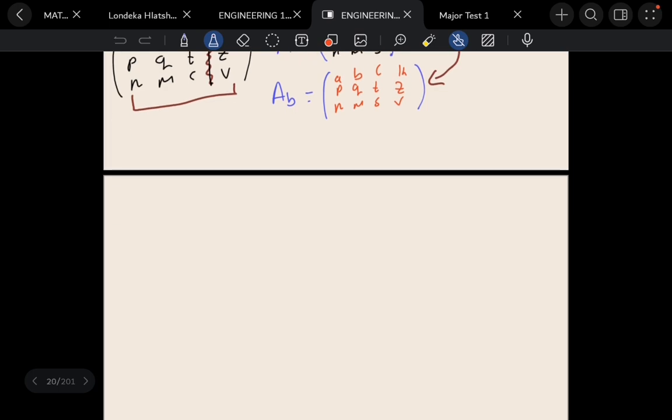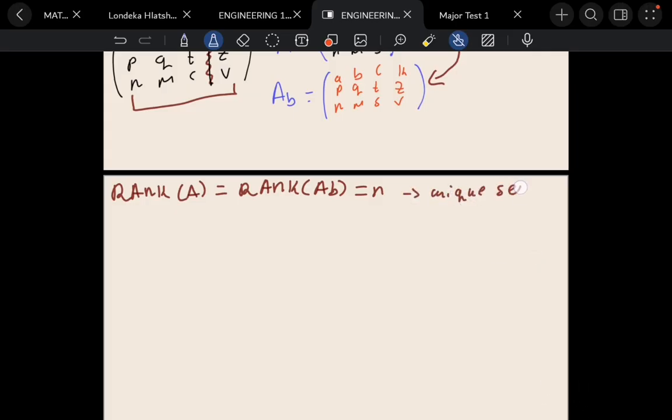If you have this condition, if you have rank A equal to the rank of AB and equal to n, you will say here we have a unique set of solutions, right?